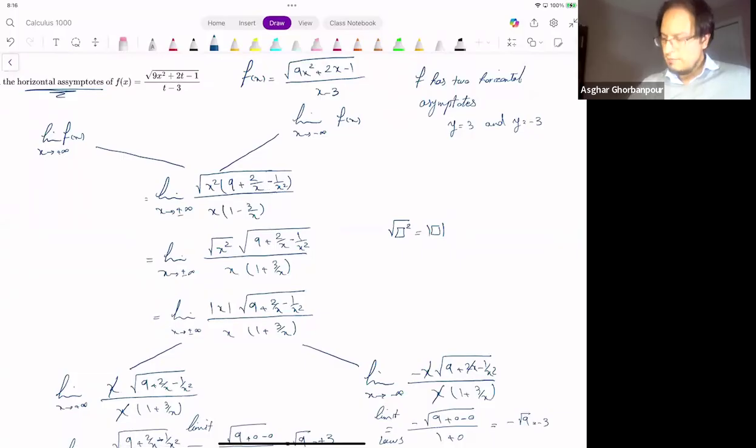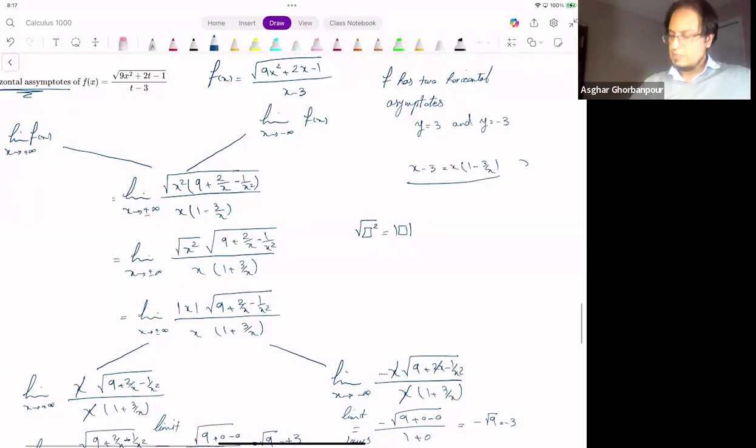So I have x minus 3. It doesn't matter if x is positive or negative. I can factor out x and I'll get this. X cannot be 0, obviously, since we are going to plus or minus infinity. If you set that aside, this is true for all x's but 0. And it doesn't matter if x is a negative number or positive number.